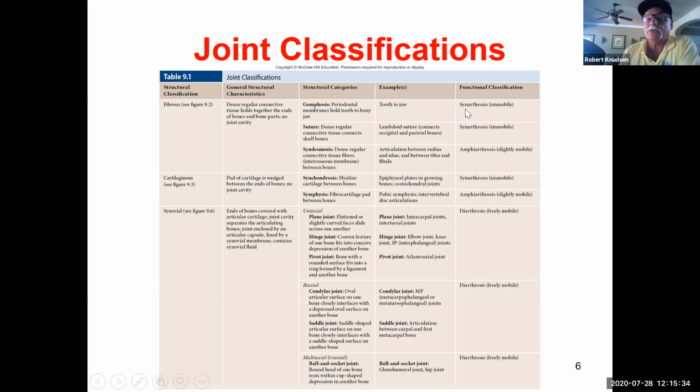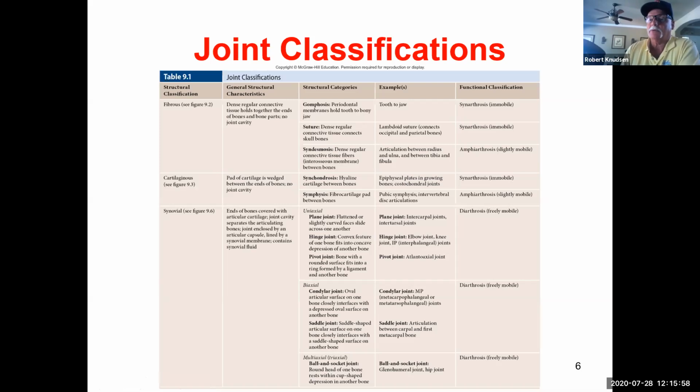Do we see over here syn, amphi, and di? We already know about those. Well, how come syn is here twice, amphi's here once, syn is here, amphi's here? Because of the examples that we're using: maybe synarthrosis for fibrous, and then when we look at cartilaginous, we see syn again in a different way.